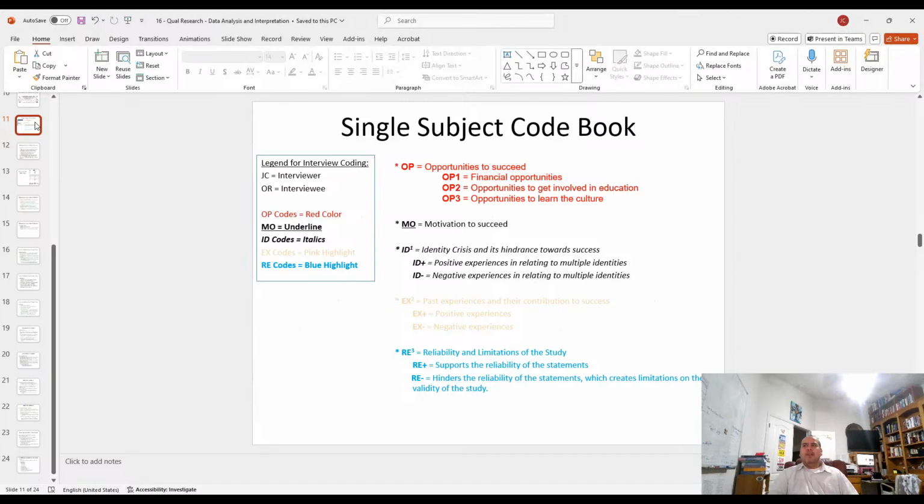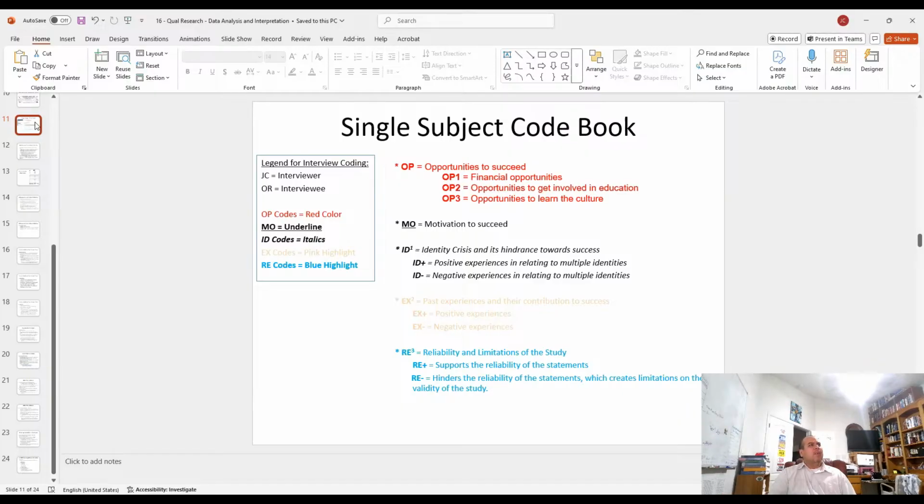I know we've talked about single subject experimental research, which is on the quantitative side. You also have single subject qualitative research, which we really didn't talk about. Most of the single subject research is actually done on the qualitative side rather than the quantitative side.